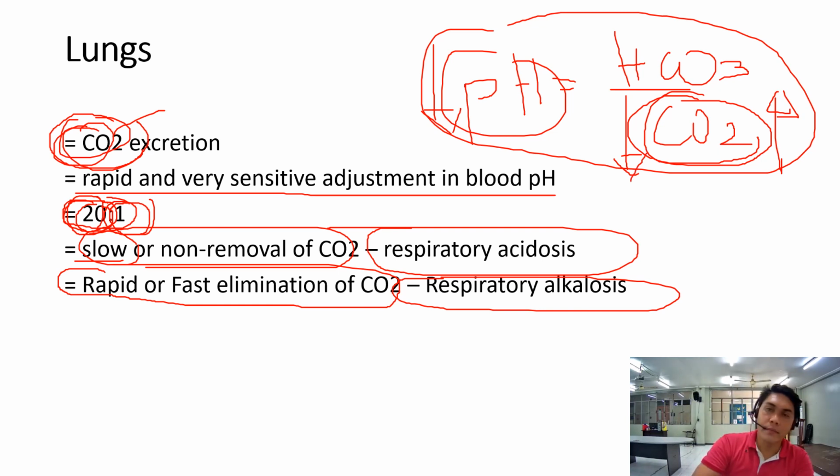The effect is an increase in blood pH. So that is the effect of CO2 excretion on blood pH, or the function of the lungs in the regulation of blood pH.